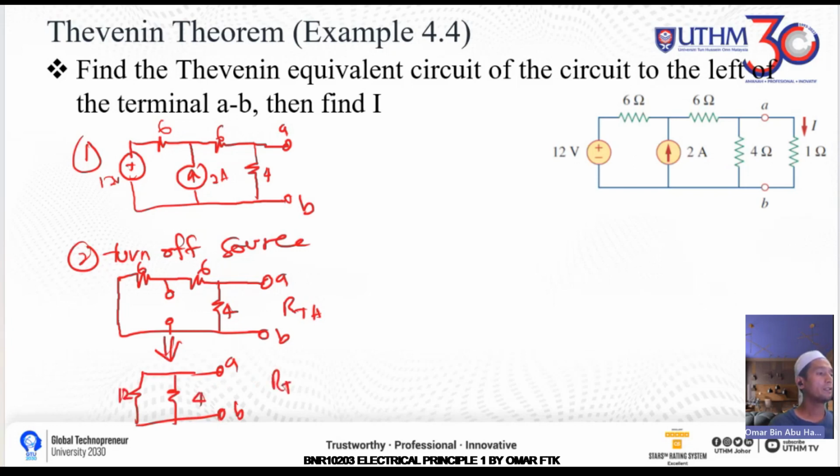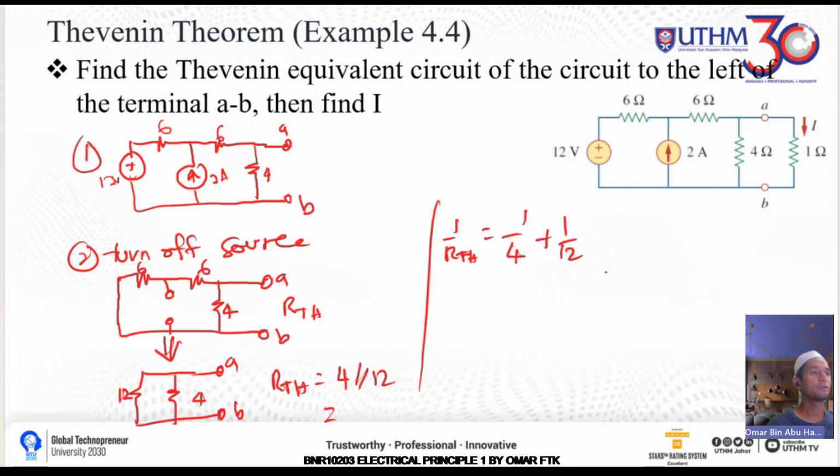So RTH will be 4 parallel with a 12 ohm resistor. So 4 and 12, how much will you have? Let's calculate. 1 over RTH equals 1 over 4 plus 1 over 12.